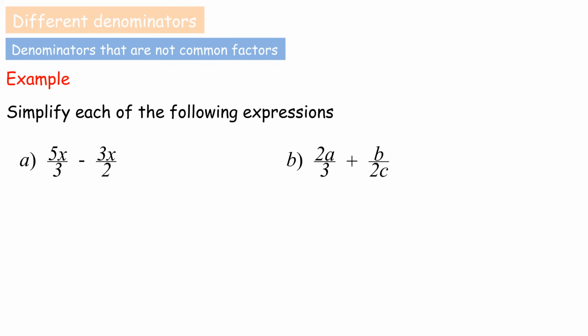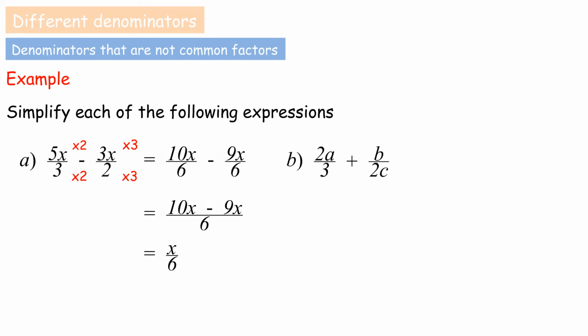So, 5x over 3 times 2 for both denominator and numerator, and 3x over 2 times 3 for both denominator and numerator, equals 10x over 6 minus 9x over 6, equals 10x minus 9x over 6, equals x over 6.